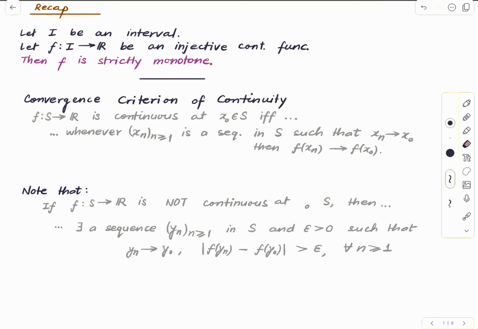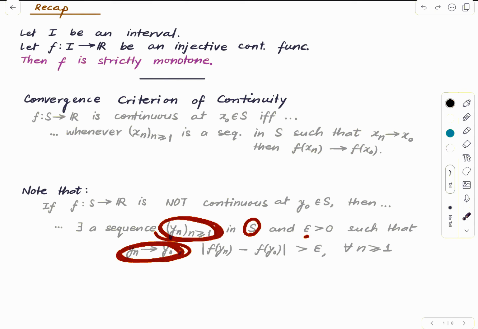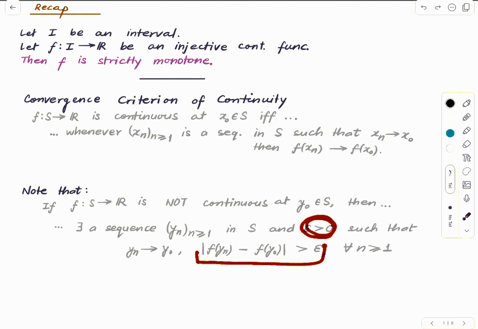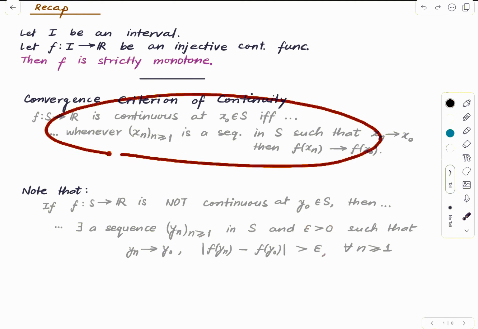So fix a point y naught in S. If we are given that f is not continuous at y naught, this implies immediately from this criterion that there is a sequence y n in S which converges to y naught, and there is a positive epsilon such that |f(y n) - f(y naught)| is at least epsilon frequently, right? Immediately from this criterion you can deduce that.